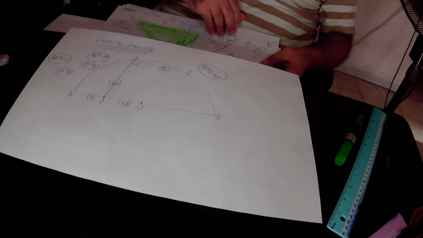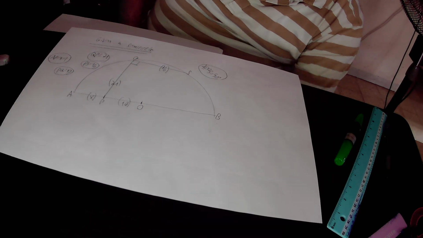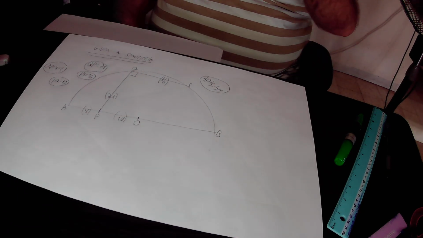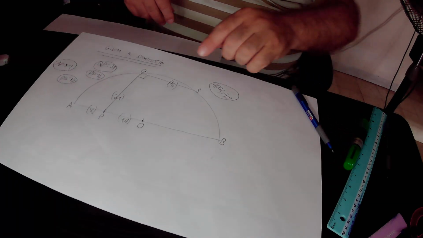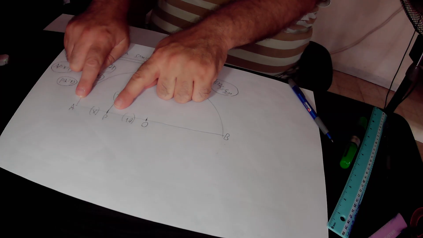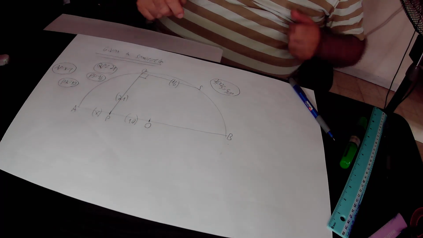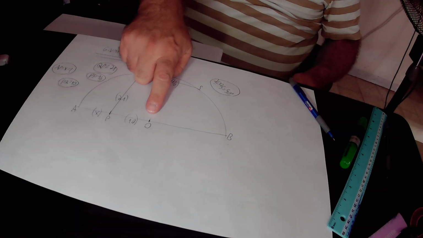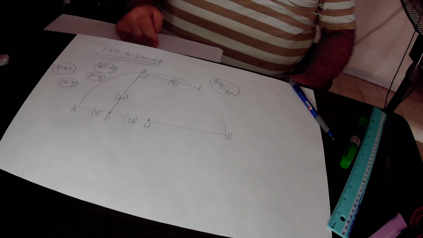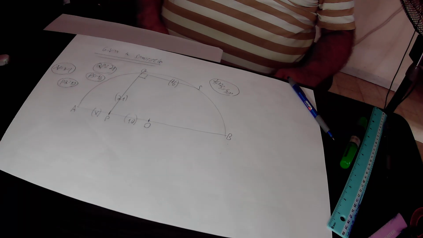In the second question, our task is to find out the length of this line segment AP that equals x. We have to find out the value of x. So in the drawing, we have a semicircle, with point O in the center. This is angle PQS, that is a right angle.